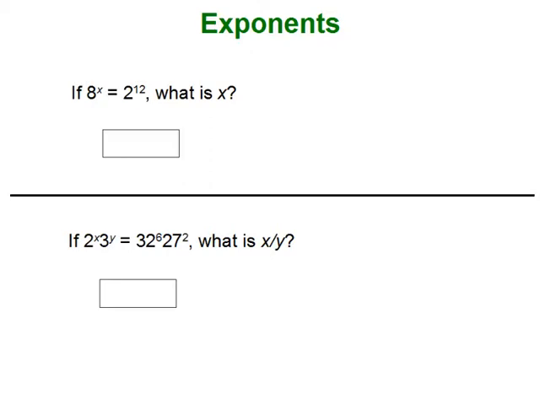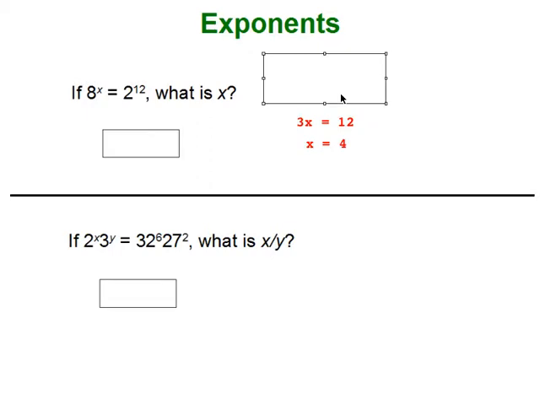And that's exactly what we should do here, because we'll notice that this is 2 to the 12th. 8 to the x, it's very difficult to work with these two numbers and learn anything about them. But of course, 8 can be broken down into powers of 2. So when we symbolize the left side as 2 to a certain power, and the right side is already 2 to a certain power, this makes it possible to actually compare them.